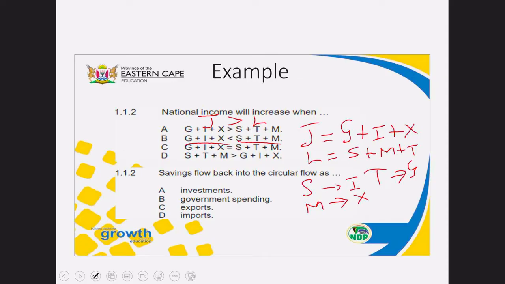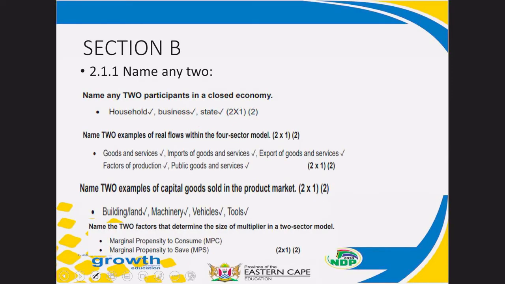You must be able to link this so that you are not confused. Savings flow back in the form of investment. Imports flow back in the form of exports. And your taxes flow back in the form of government expenditure. So these are the types of questions that you must expect. They don't ask them straightforwardly. They want to see if you really understand what these leakages and these injections are all about.